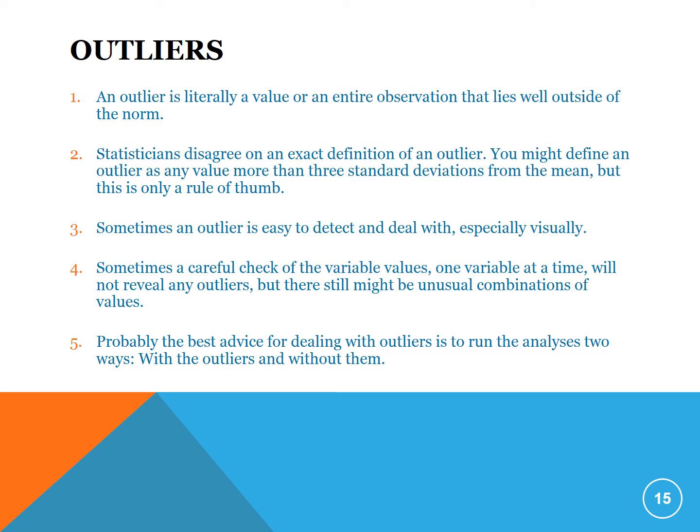Statisticians disagree on an exact definition of an outlier. You might define an outlier as any value more than 3 standard deviations from the mean, as I mentioned earlier. That is just a rule of thumb, but depending on the researcher and the type of research, they may decide differently.